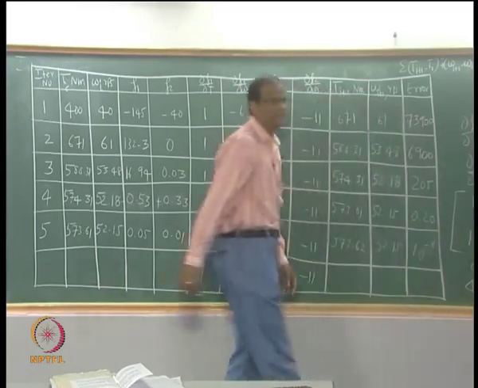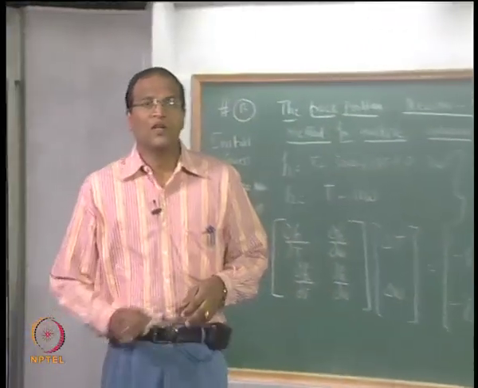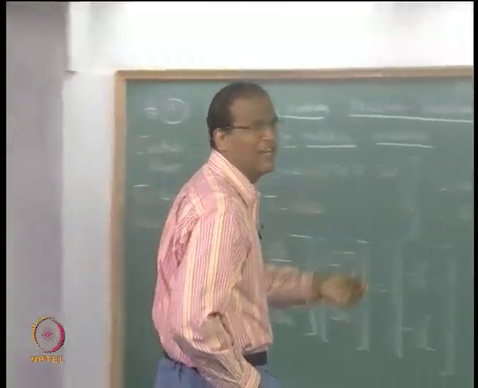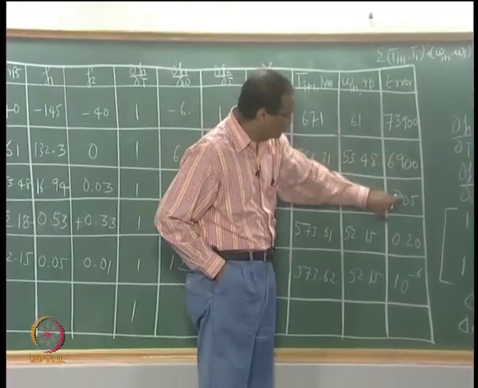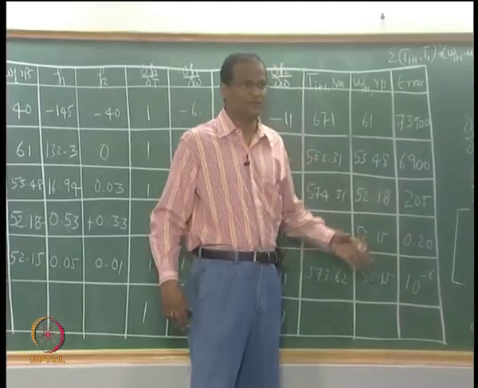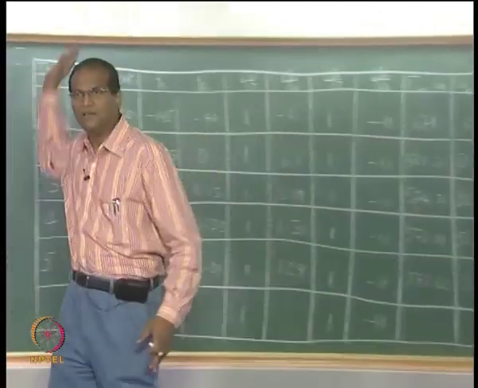So we have reached. I can show it on Excel, but you can see the quadratic convergence here. 73,900, 6,900, 200, 0.2, 10 to the minus 6. If you plot, you can see that it will go rapidly.